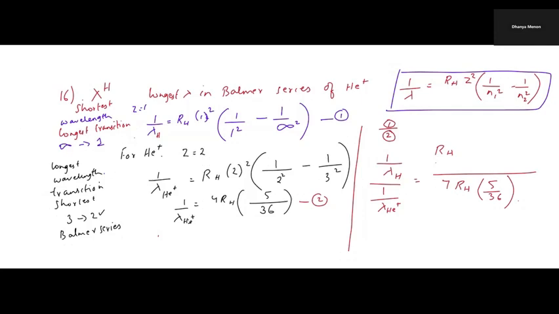I cancel the common terms and get lambda He ion by lambda H equal to 36 by 4 times 5.